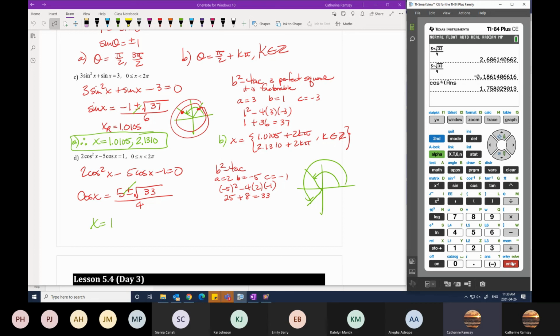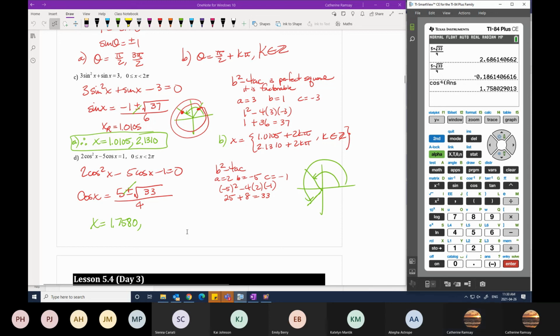So x equals 1.758. This is the reason why I always tell you guys never to inverse cos or inverse sine or inverse tan with a negative sign, because it does not give you the reference angle.